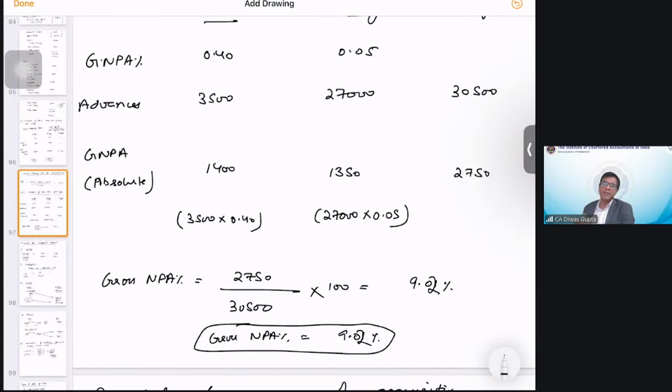Clear, students? So this was also one of the specific question on how the banks related, let's say some of the metrics are tracked, for example, capital adequacy ratio, gross NPA, and how it plays a role in the overall mergers and acquisitions.